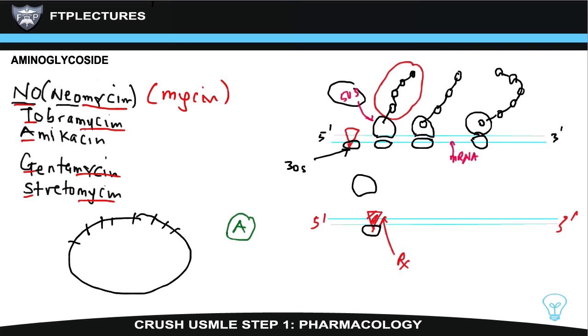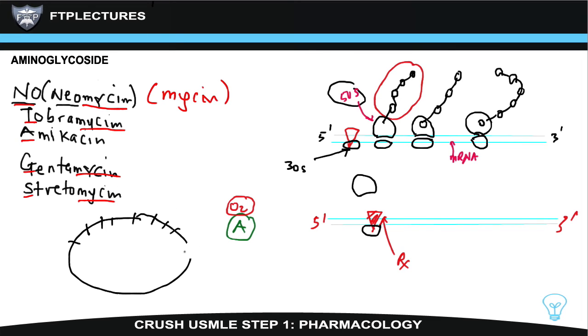In order for these drugs to get into this bacterial cell, they need oxygen. So we're going to use oxygen, O2, and attach it to it. So it's an oxygen-dependent movement to transport this aminoglycoside, such as tobramycin, amikacin, streptomycin, or neomycin, inside the cell.